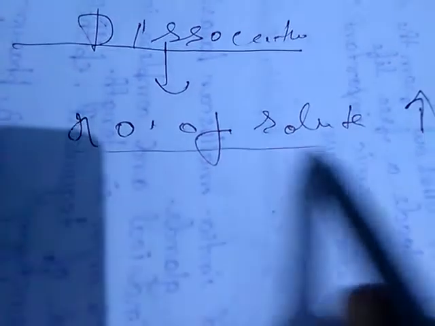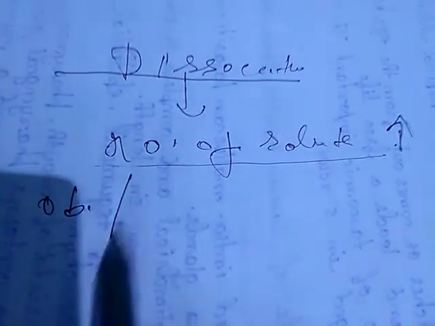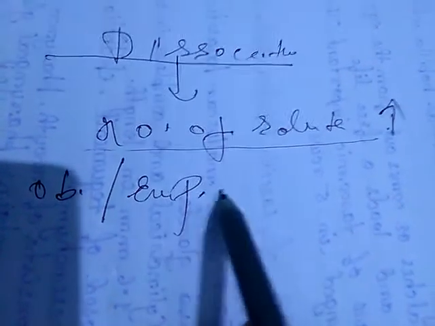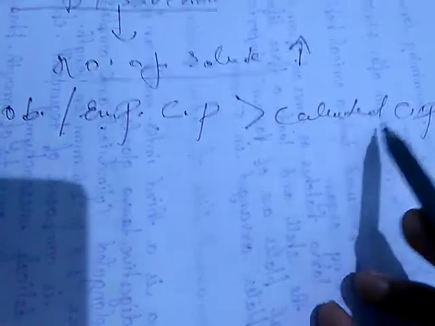So we can conclude in this manner: if there is dissociation of solute, then what would happen? The number of solute particles in solution increases, and then the observed or experimental colligative property would be greater than the calculated colligative property.